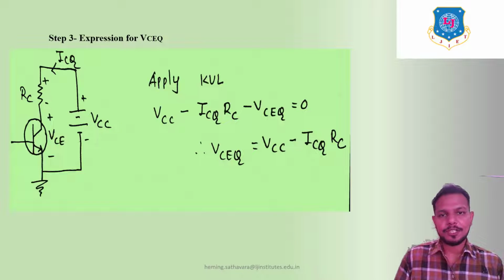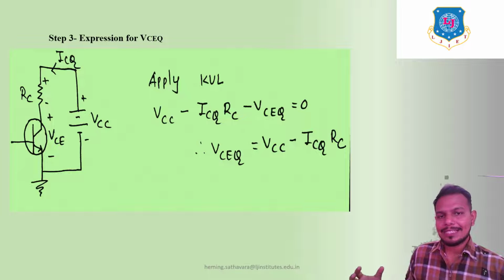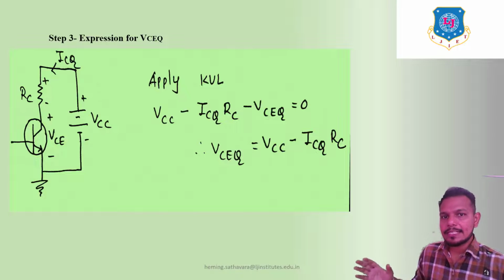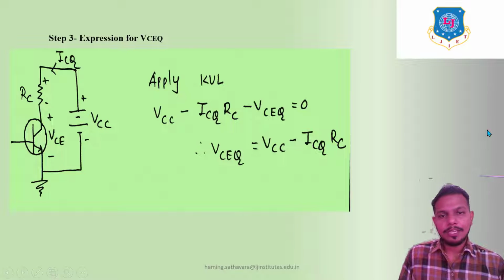This is expression number 3, or step number 3, the expression for VCEQ. VCEQ we can find at the output side. In the circuit diagram, we just apply KVL at the output side. It becomes VCC minus ICRC minus VCEQ is equal to 0.